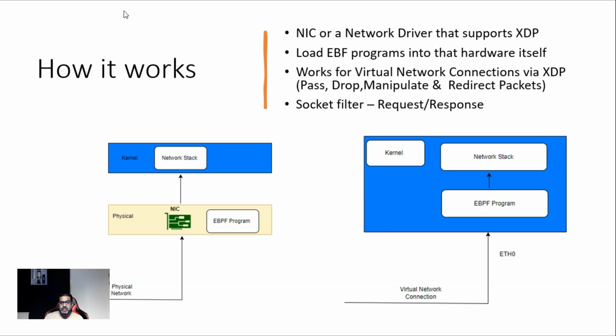So you have an eBPF program that's loaded into the physical NIC, connected to the physical network, and it is able to pass, drop, manipulate, or redirect the packets. And coming to the virtual NIC, you have the kernel, and you should have a network driver that supports XDP. With that, the eBPF program sits exactly in the network stack, and it's able to do all the tasks on the kernel events that you're registering through the eBPF program.